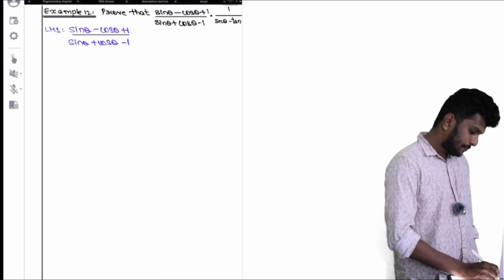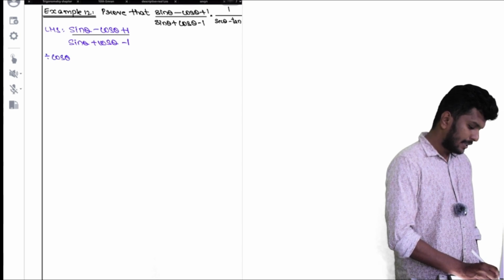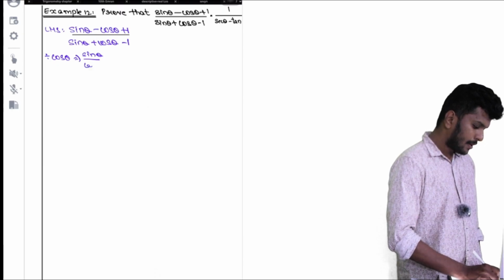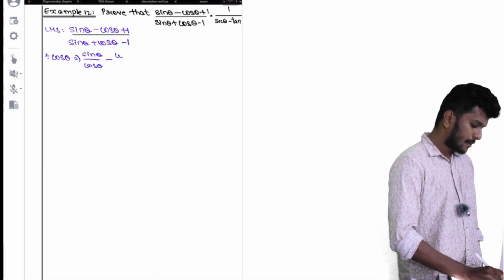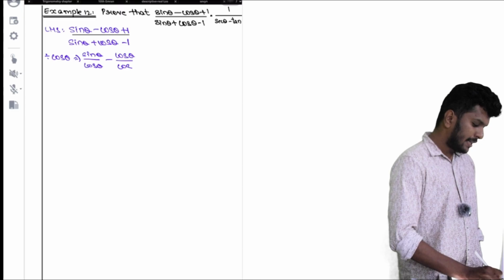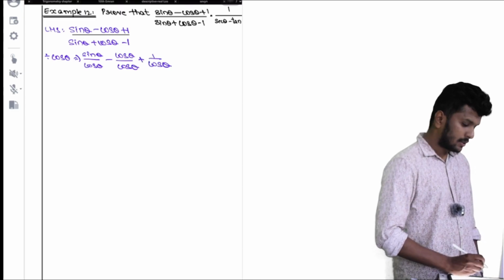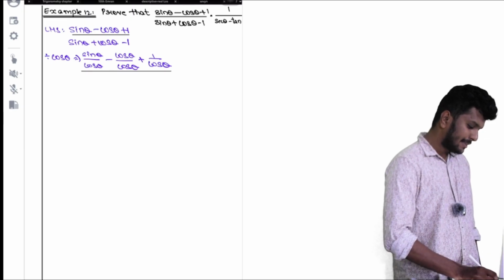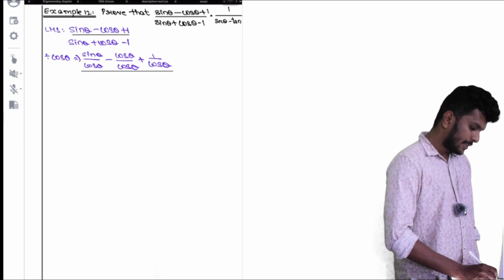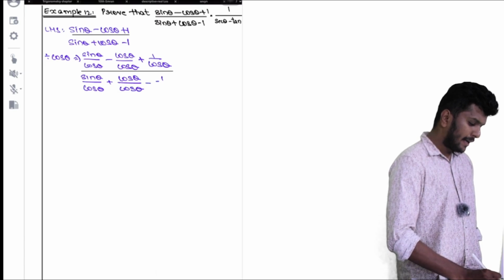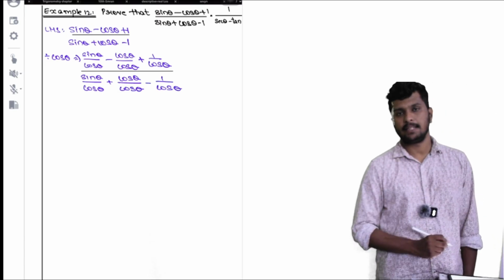So dividing with cos theta implies sin theta by cos theta minus cos theta by cos theta plus 1 by cos theta, whole divided by sin theta by cos theta plus cos theta by cos theta minus 1 by cos theta.